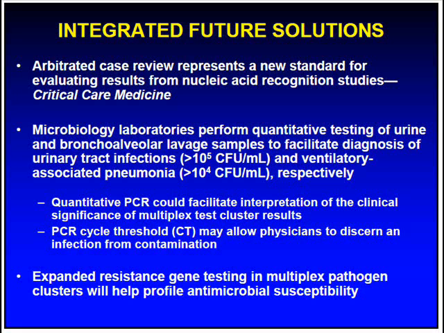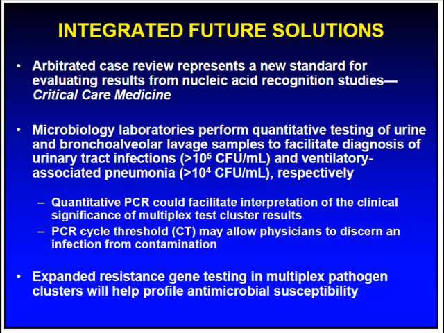Here are some solutions to these gaps and technical challenges. As employed in our clinical study, arbitrated case review represents a new standard for evaluation of results from new nucleic acid recognition methods. The addition of quantitative testing could help facilitate interpretation of clinical significance of multiplex test cluster results.